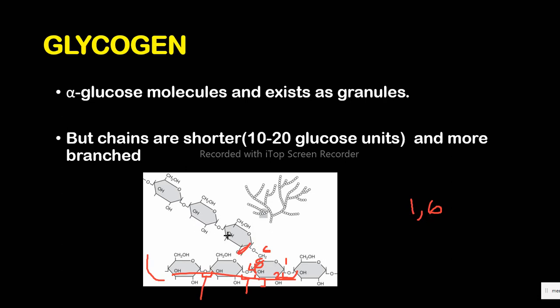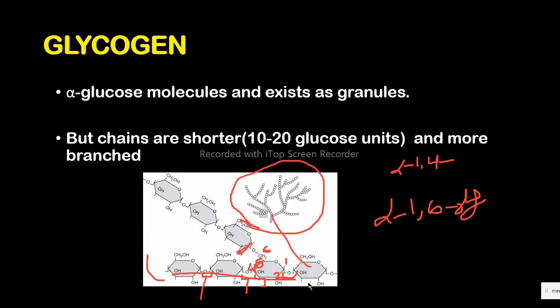But the normal glycosidic bonds that are not formed due to branching are formed between carbon 4 and carbon 1. So the bond formed is an alpha 1,4 glycosidic bond, whereas here the bond is an alpha 1,6 glycosidic bond. And there is high branching, you can see.